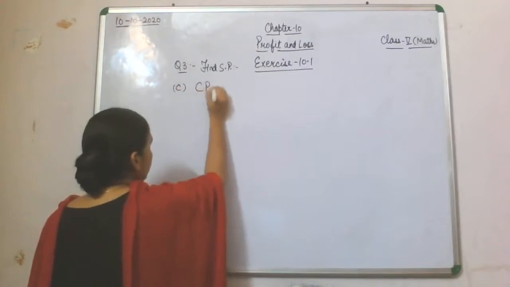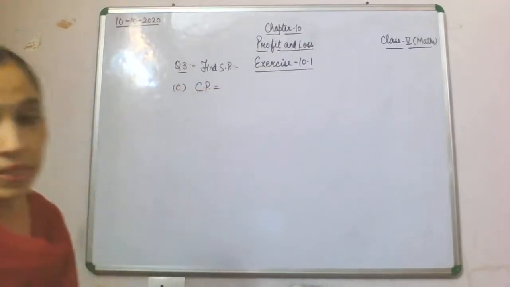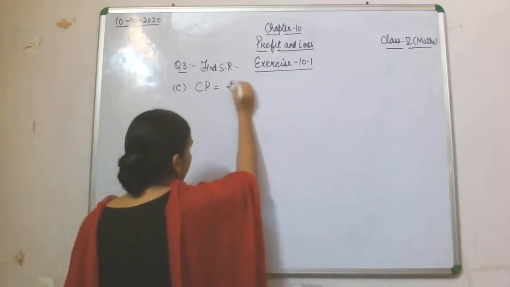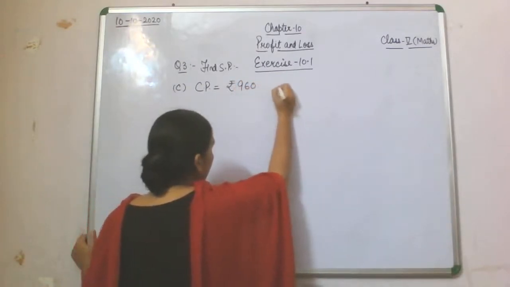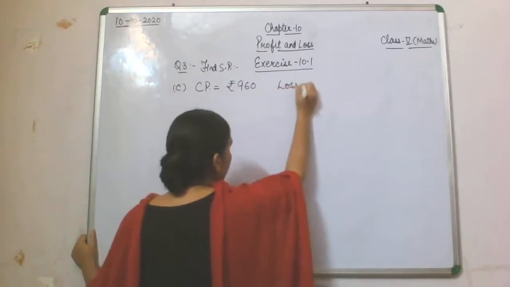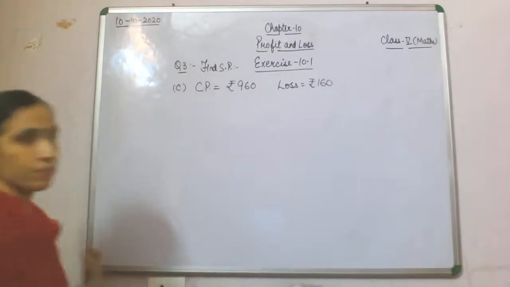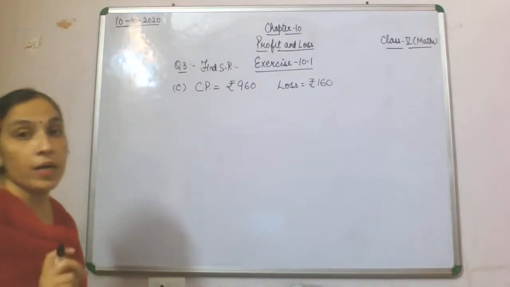Cost price. What is the cost price given? That is rupees 960. And the loss in this case is rupees 160. Now loss is 160.